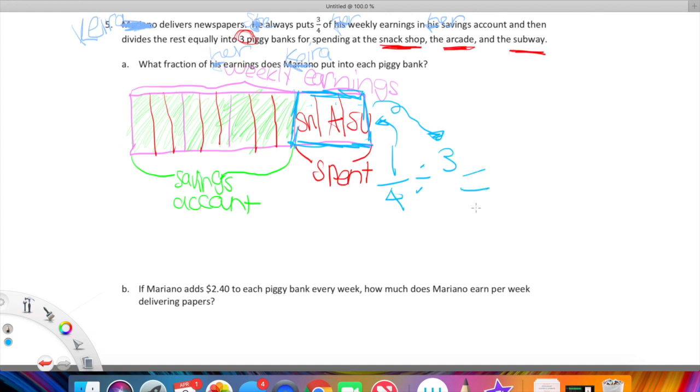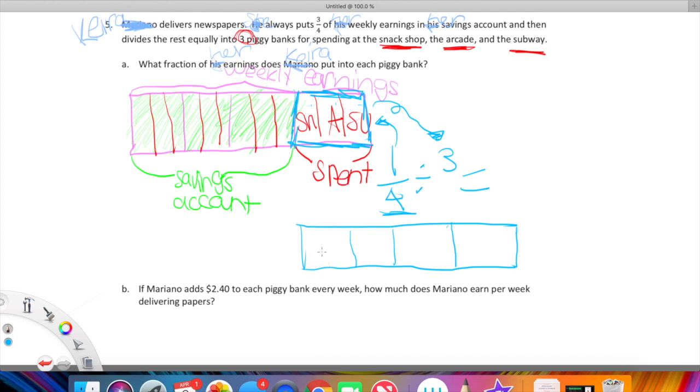So let's draw another tape diagram to represent 1/4 divided by 3. Okay, so we would cut it into 4 parts since this is 1/4, the denominator is 4. So 1, 2, 3.